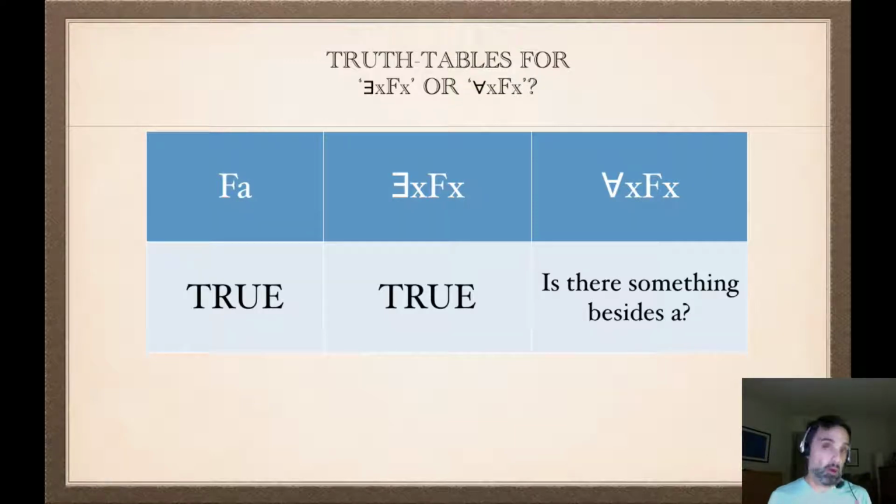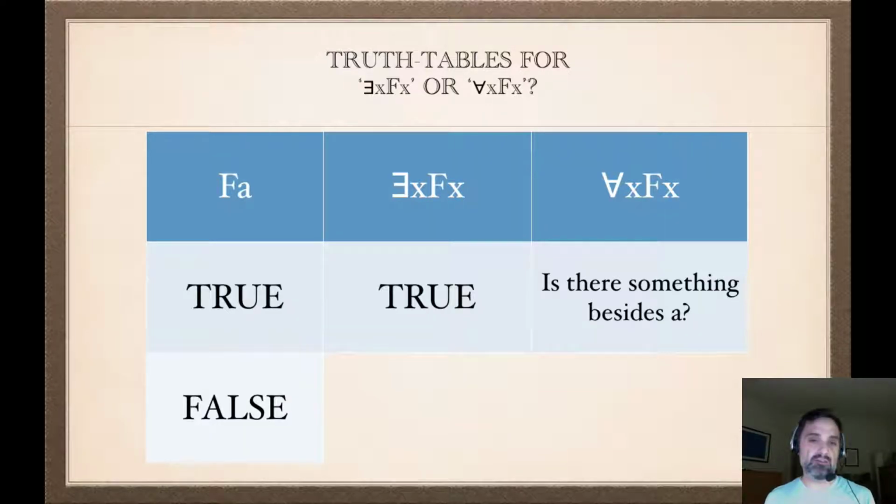But if there's no other thing, then for all x Fx is true. If there are other things, but they're all frogs, for all x Fx is true. But if there are other things, and some of them aren't frogs, then for all x Fx is false. So the point here is that by itself, the truth value of Fa doesn't fix the truth value of for all x Fx. For all x Fx could be true, or it could be false.